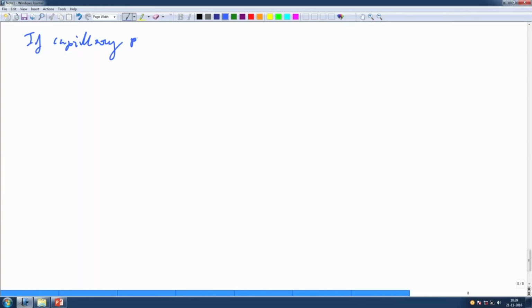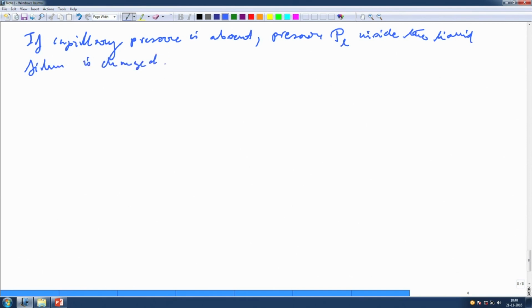So, if capillary pressure is absent, because there is no curvature, then the pressure PL, the pressure inside the liquid film, is changed by an amount PD. This PD is called the disjoining pressure.